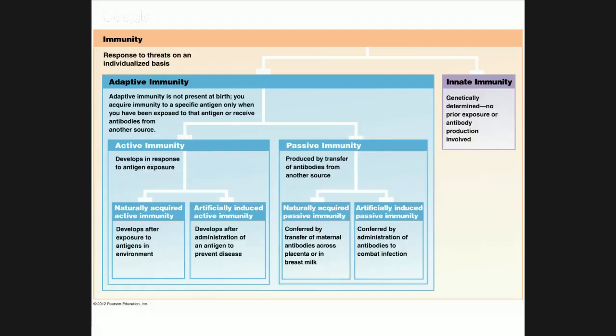Now, the other side of passive immunity is artificially induced, which I don't have any personal experience or stories to suggest about this. This is when you're exposed to something that's potentially dangerous to your system, and there's not enough time for you to adapt to it.